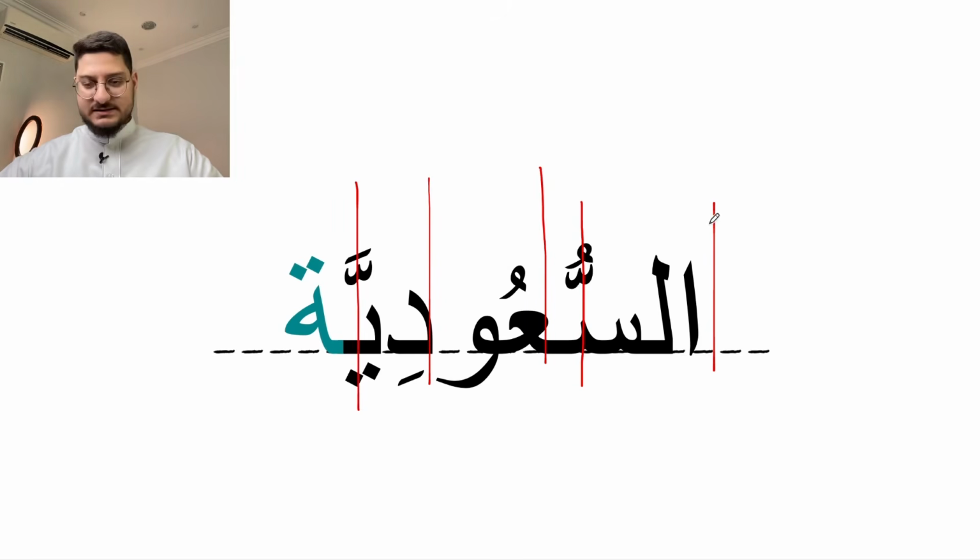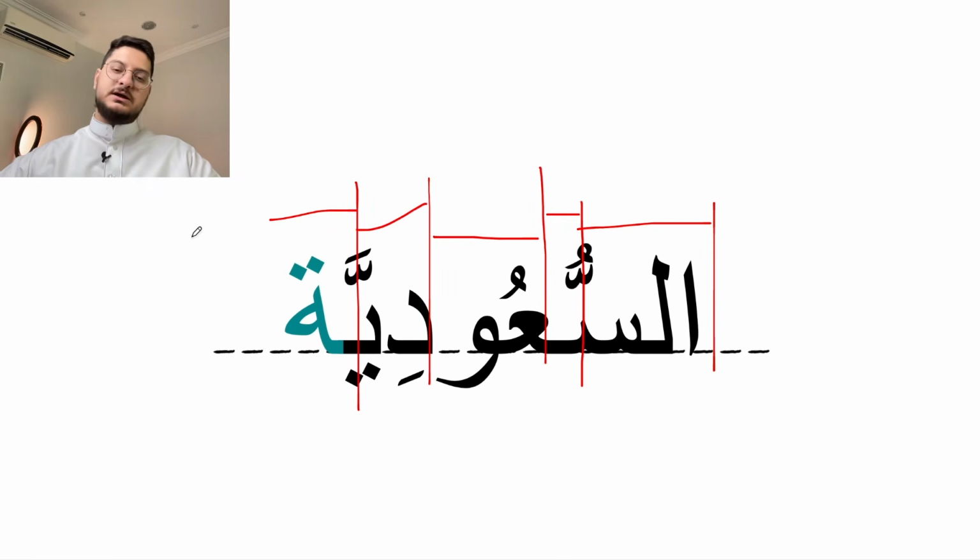Yalla. Since this is a sun letter, instead of saying il, what should I say? Is. So I go immediately to the is, and then su. Why su? Because I have this sa doubled with the dhamma, so su, is, su, and then ru, and then di, ya. Is Saudiya, and Saudiya is Saudi. Is Saudiya.